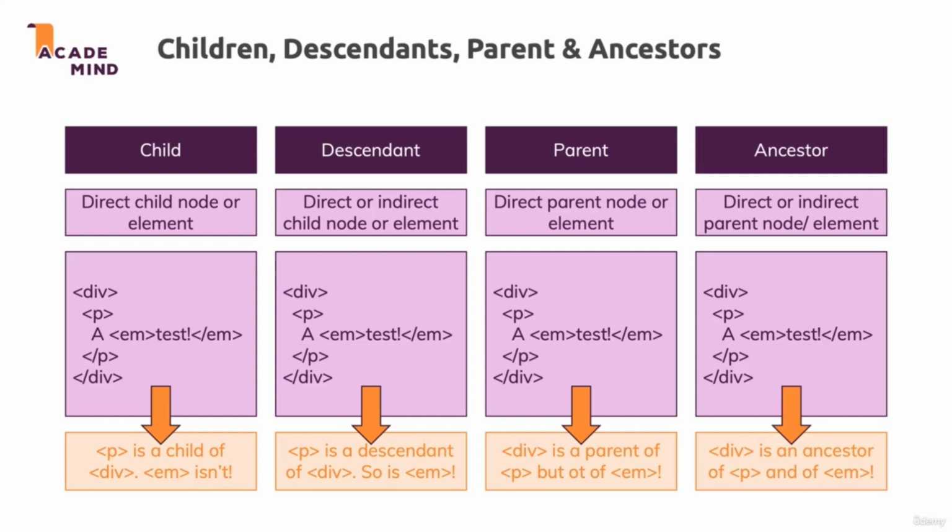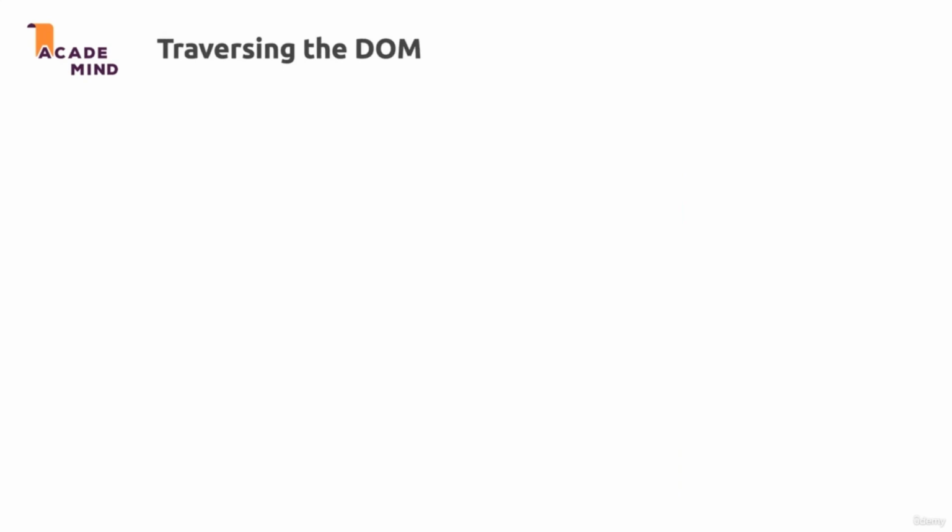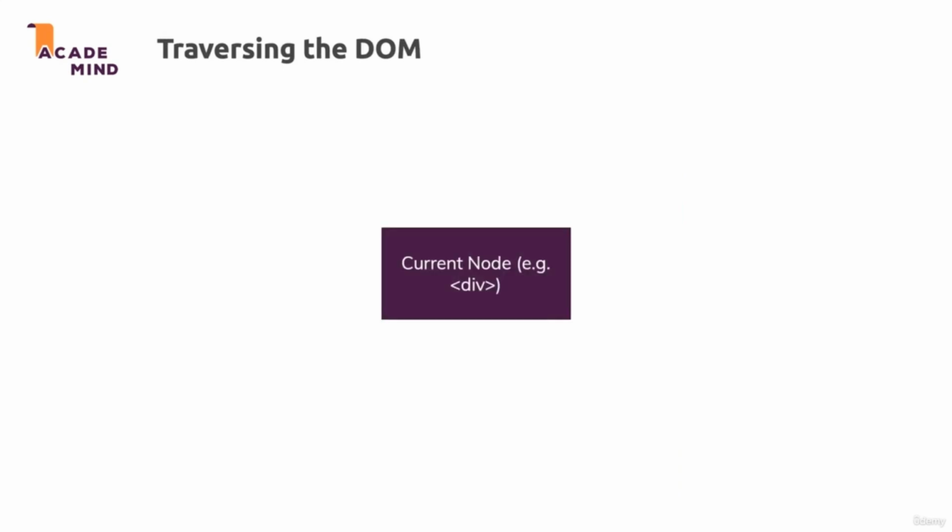So that is important. That's an important differentiation. It will be important to keep in mind when talking about the DOM traversal and what you can do there. Now, as I said, DOM traversal means that you have a selected element, a selected node, let's say this div element node here, and now you want to dive into some of the surrounding or nested elements or nested nodes.